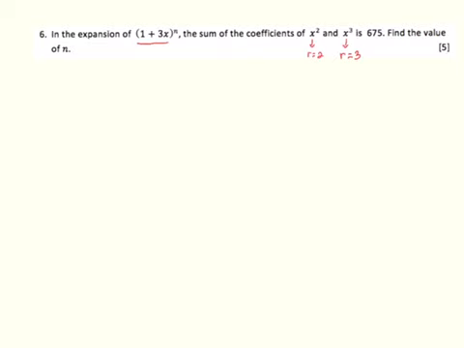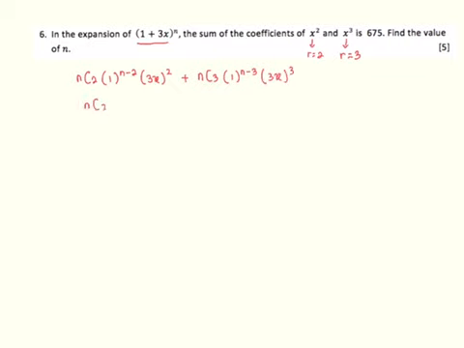So the term that has x squared is nC2 times 1 to the powers of n minus 2 times (3x) to the powers of 2, and I add the term that has x cubed, nC3 times 1 to the powers of n minus 3 times (3x) to the powers of 3.